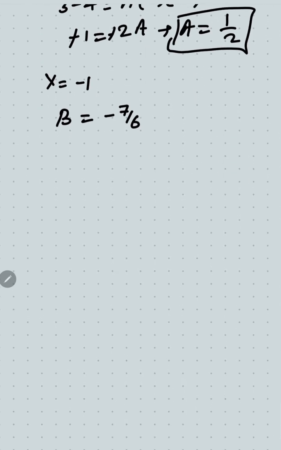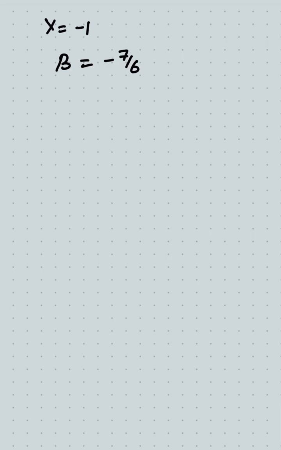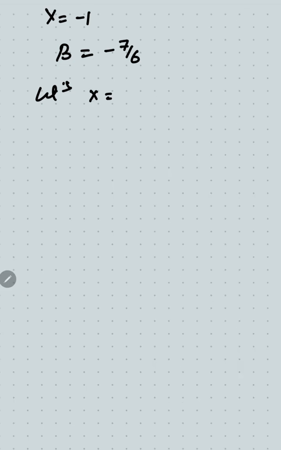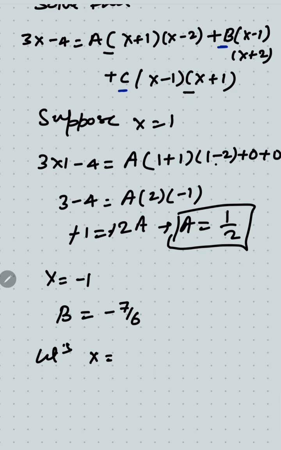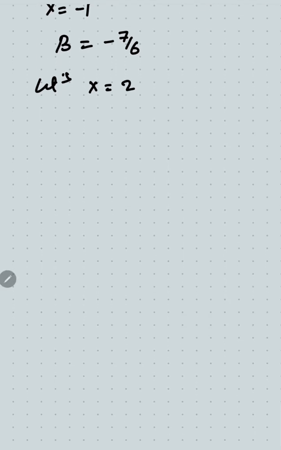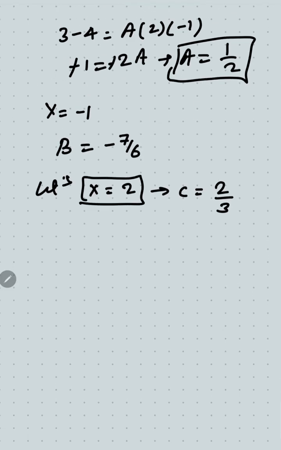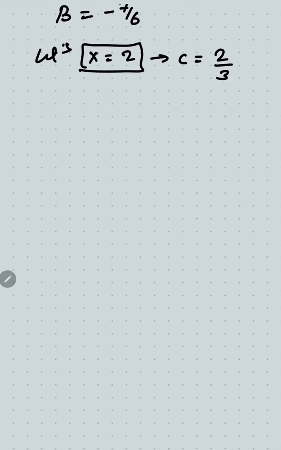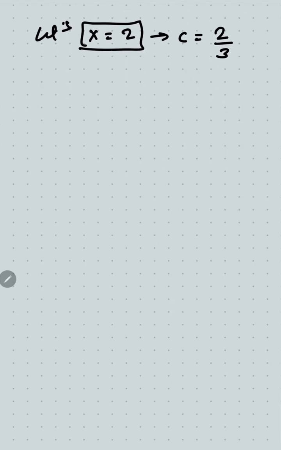Okay, then same as before, now we find the value of c. Suppose x equals 2, then c will be 2 divided by 3. Put the value in this equation and solve, then c equals 2 by 3.